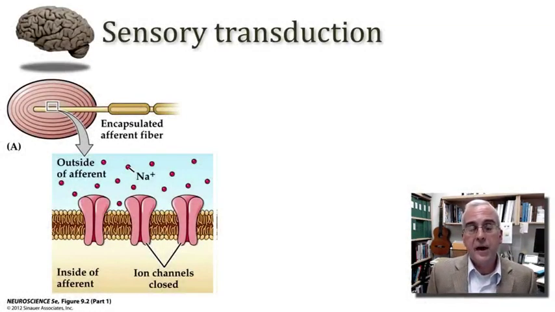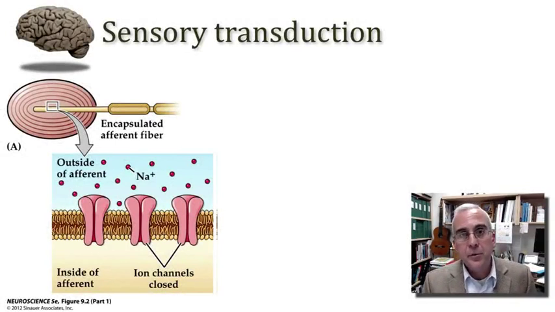Now let's turn to a new topic, the topic of sensory transduction. By sensory transduction, what I mean is the process that allows for the energy that's present in the environment, either in physical or chemical form, to be converted into electrical signals within nerve cells. And sensory transduction is a problem for each of the sensory systems that must be solved in some ingenious way.